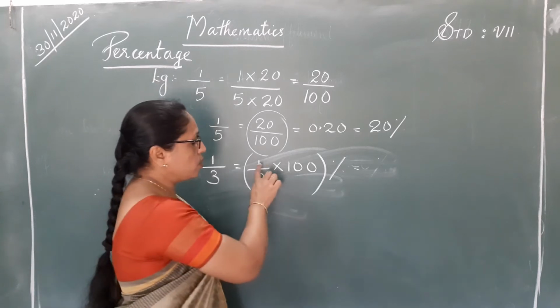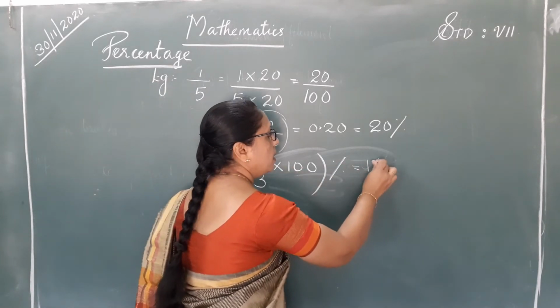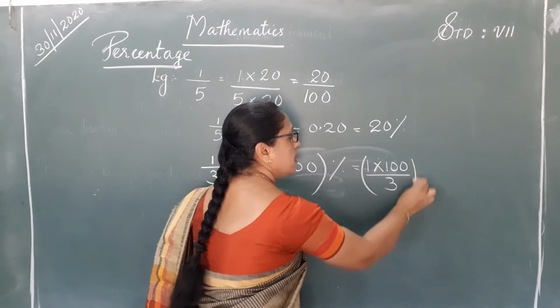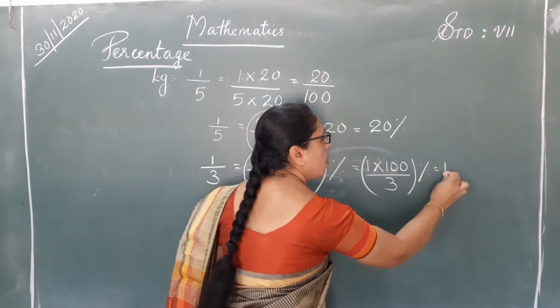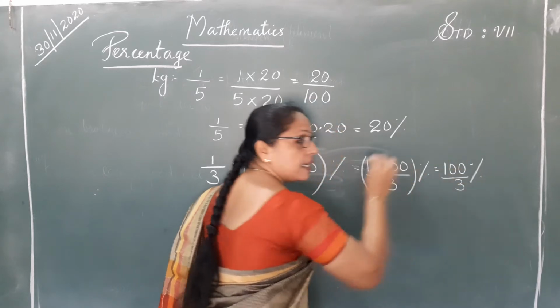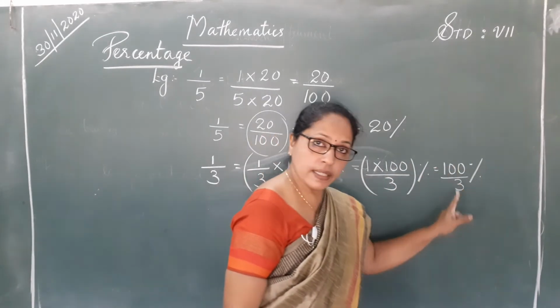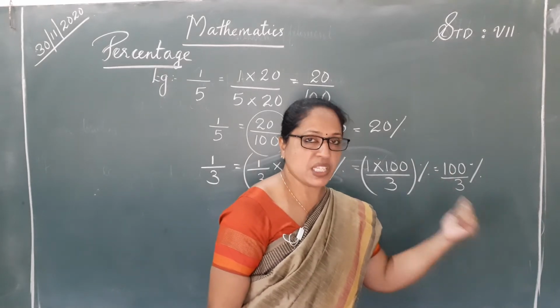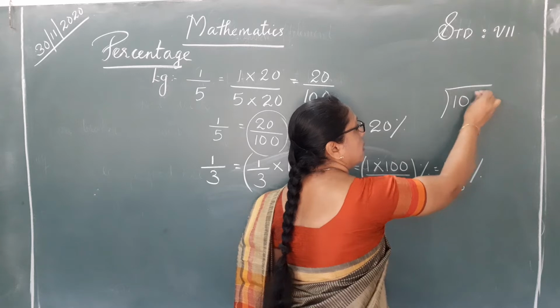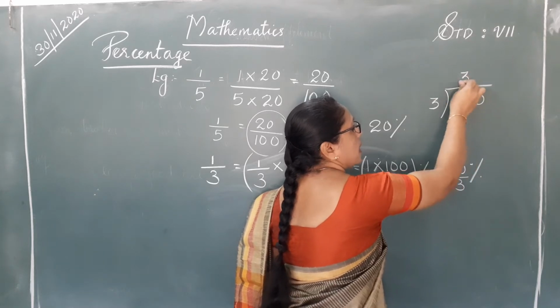No. So what do we have to do? 1 into 100 by 3 percentage. So it is equal to 100 by 3 percentage. Now we have to divide this and put it in a mixed fraction. So 100 divided by 3. 3 3s are 9.